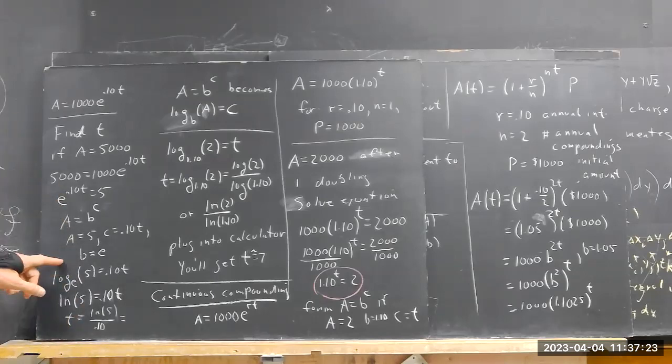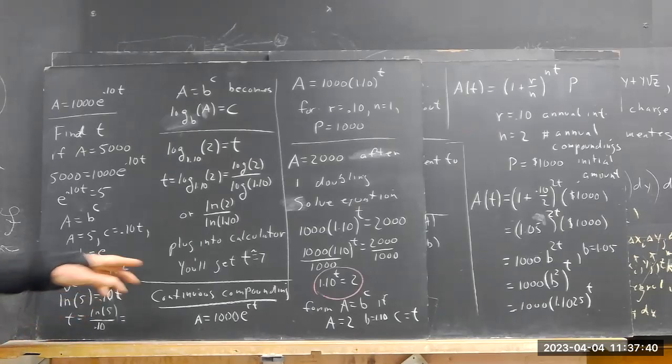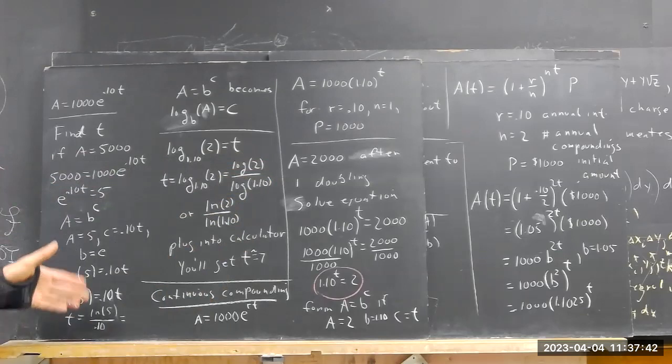We'll see how that works out. All you really need to know to solve the equation is that you've got a natural log key on your calculator. Log base e is a natural log. And we solve this very easily using the same rule we used over there, but natural log of 5 over 0.10.